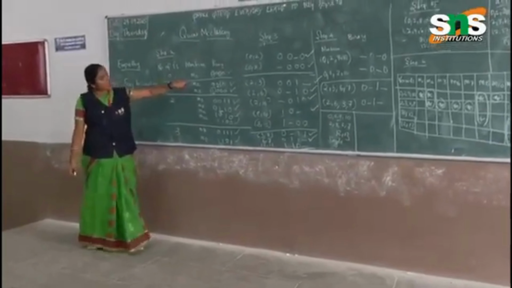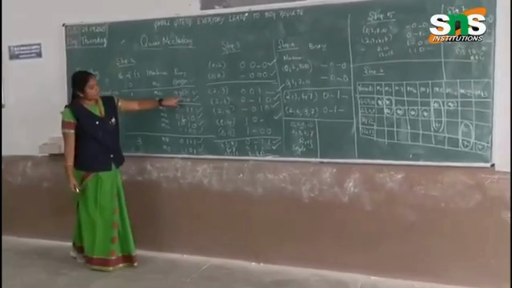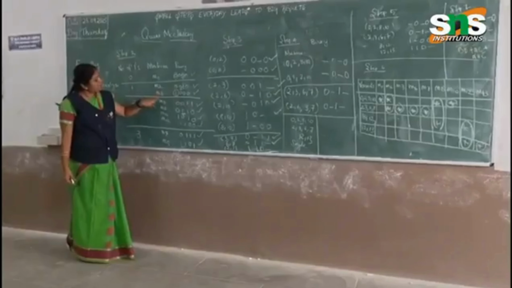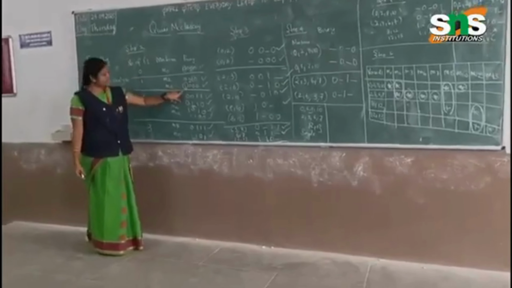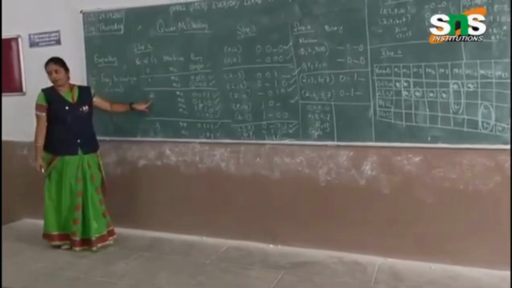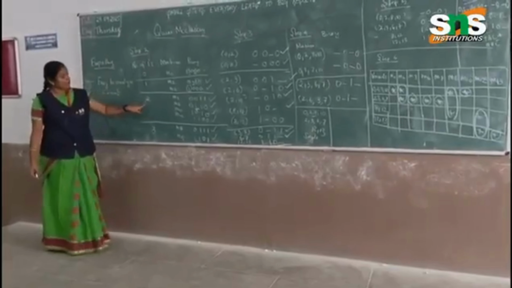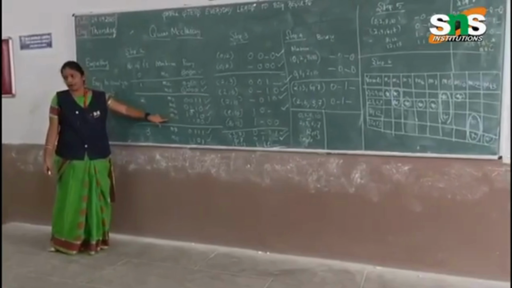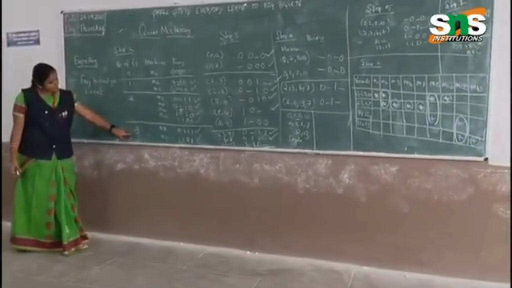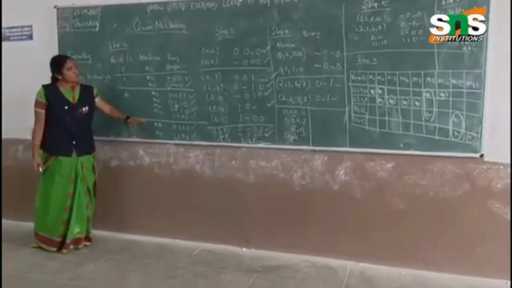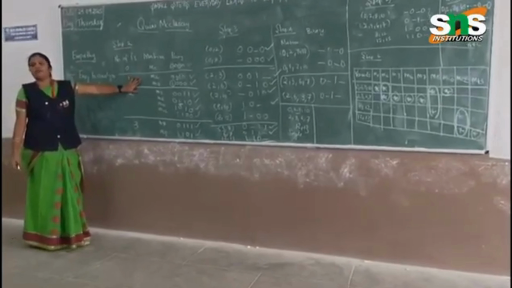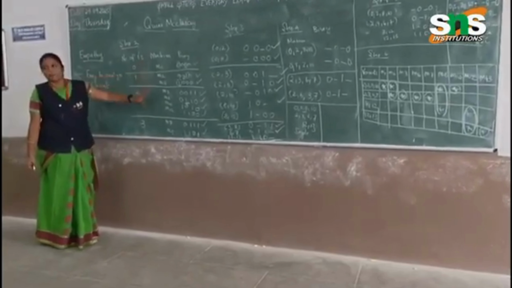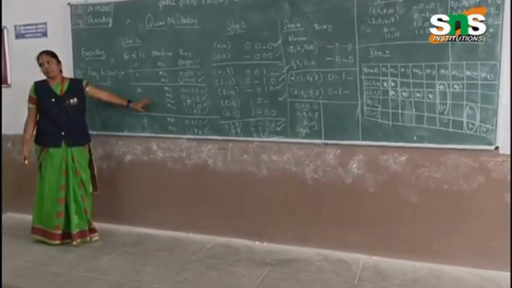There are 2 terms present, m2 and m8, each with only one 1. Then number of ones equal to 2: there are 4 terms, m3, m6, m10, m12. And 3 ones: m7, m13. So in this step we have listed the minterms according to the number of ones.